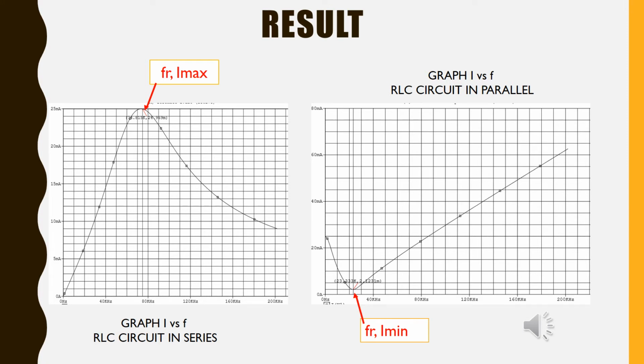Once the student have completed the simulation, this is the graph that they will obtain. The graph that they obtain is the graph current versus frequency. For the resonant circuit connected in series, students can obtain the value of frequency from the x-axis and the value of current from the y-axis.